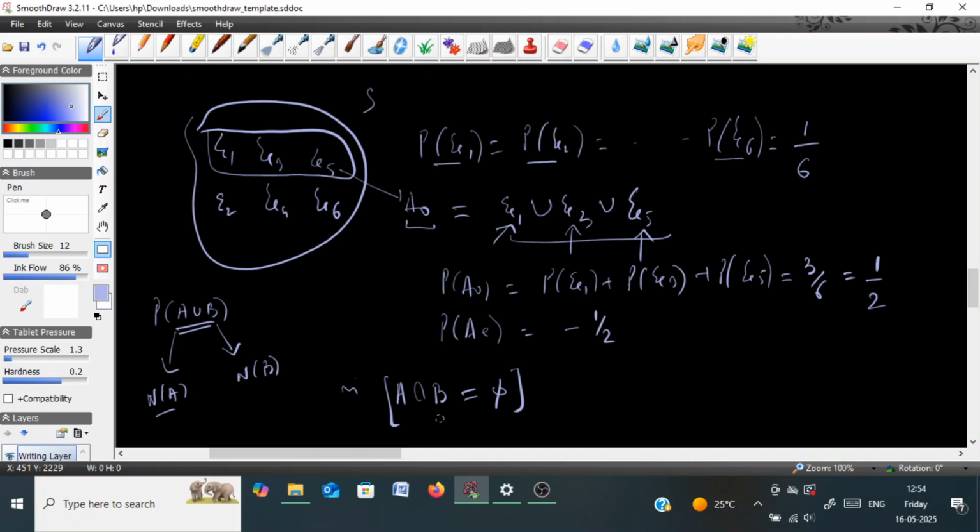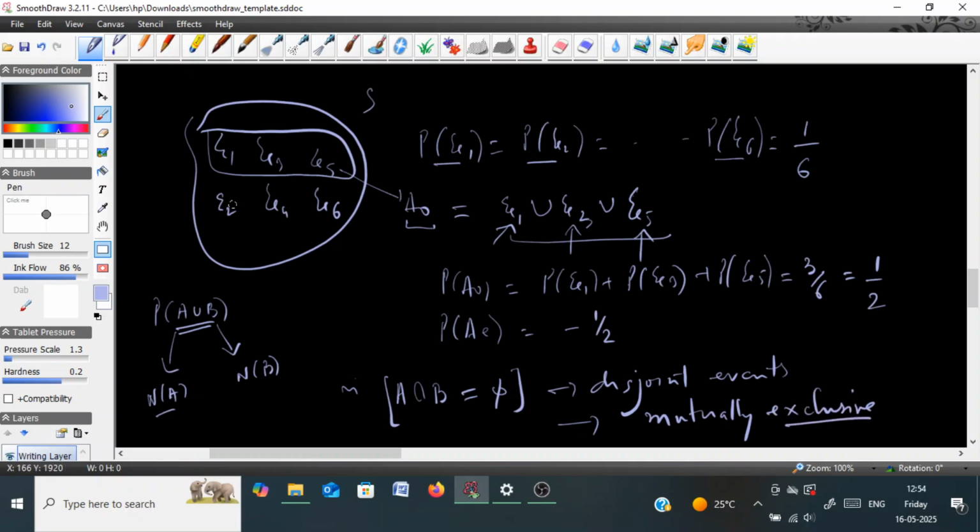These two events which satisfy this condition, that their intersection is empty, that means they don't have any common elements, we call them disjoint events, or we also call them mutually exclusive events.